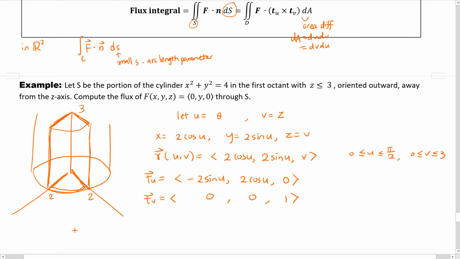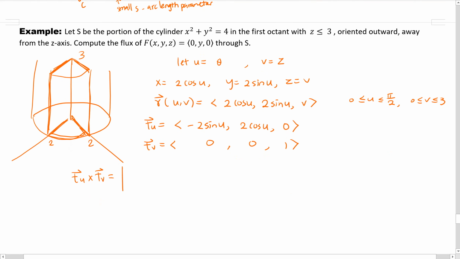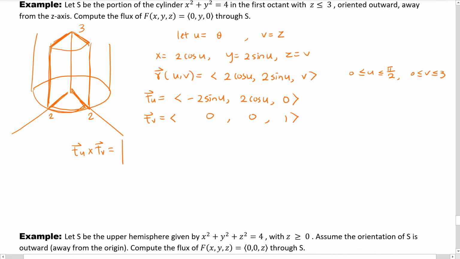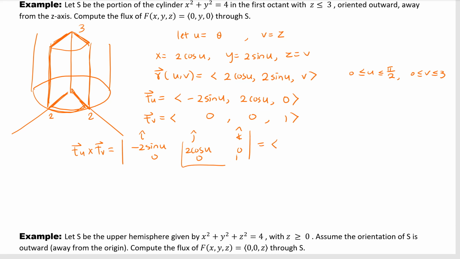Okay, what is the cross product? The first row is i, j, k, then minus 2 sine u, 2 cosine u, 0, and 0, 0, 1. The i component is the determinant, 2 cosine u.